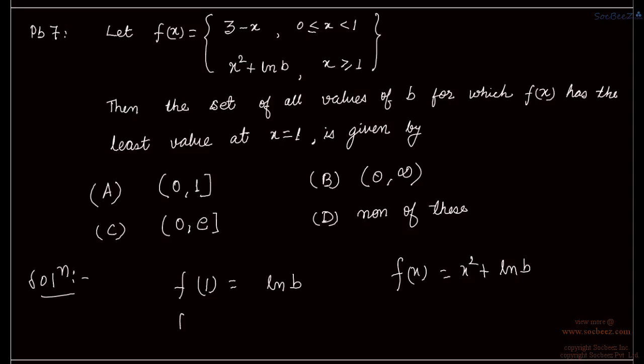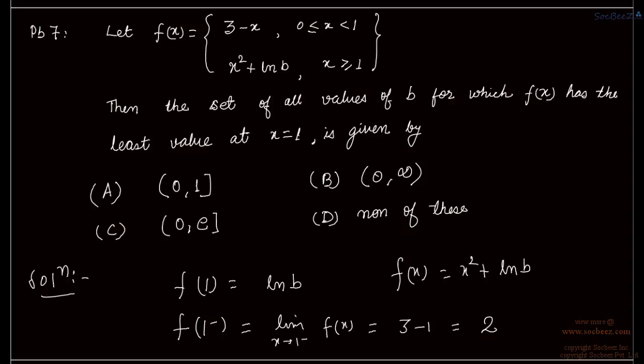Okay. Now f(1 minus) is equal to, when x tends to 1 from the left hand side, that is limit x tends to 1 minus f(x). Then just before 1, the curve f(x) is 3 minus x. So we have 3 minus 1, which is equal to 2. Okay.